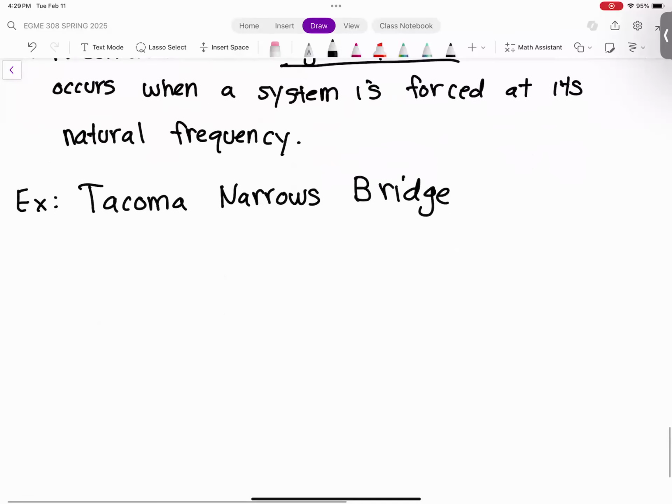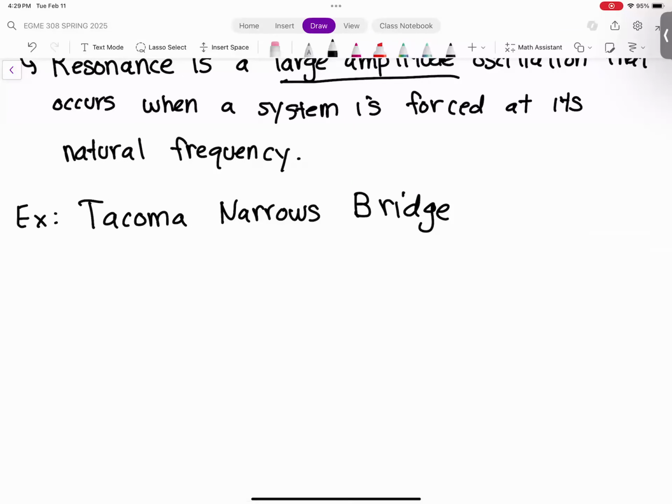Another one that you've probably seen is a party trick. You've probably seen videos of this, but it's possible to break a wine glass or a small glass just by singing.